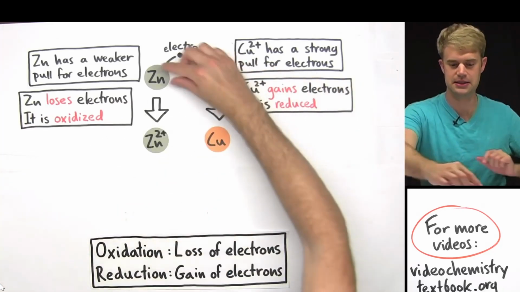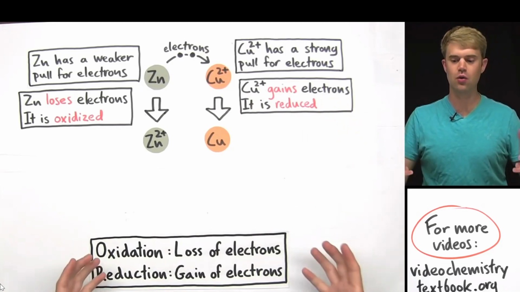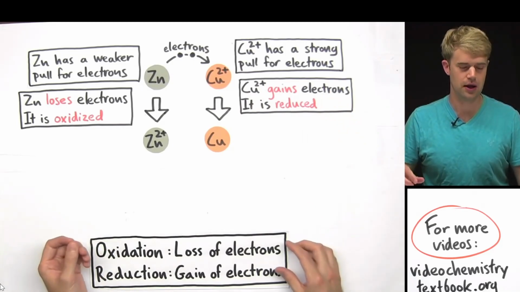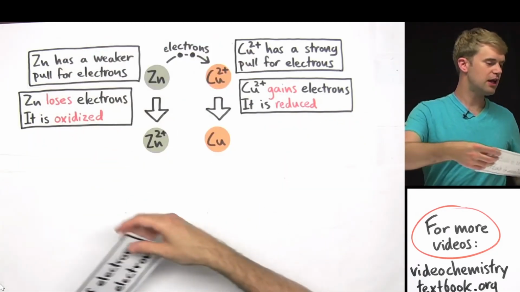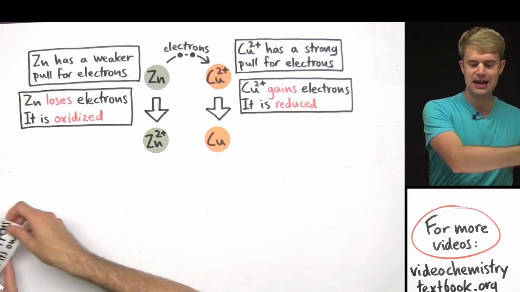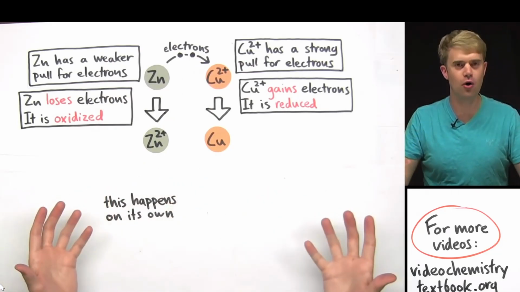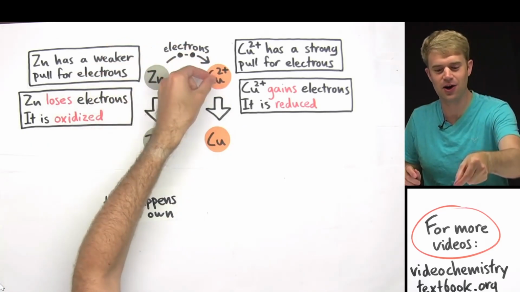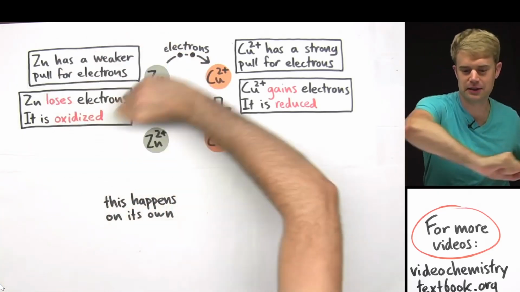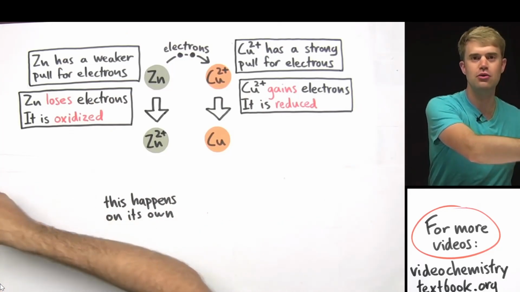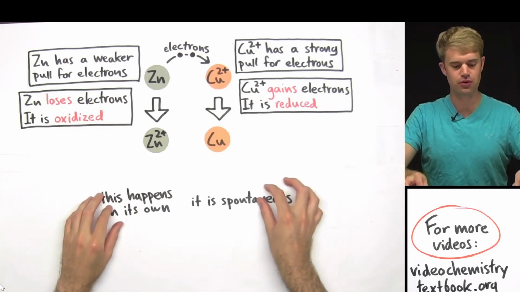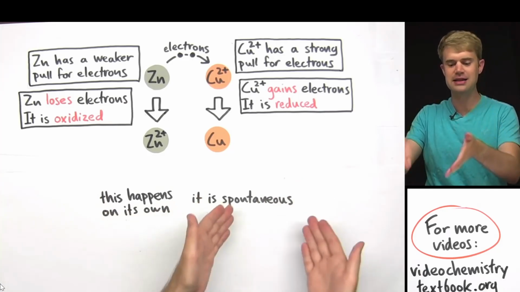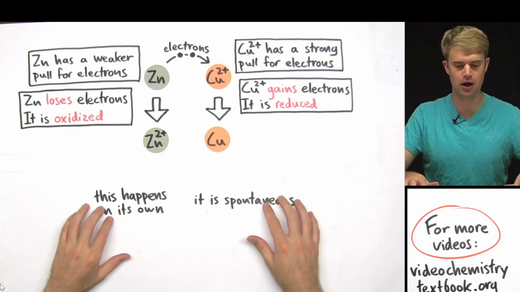Cu2+ is gaining electrons, so it's reduced. Now, the most important thing about this process is that it happens on its own. All you've got to do is put neutral zinc near copper 2+, and the electrons just naturally move. This is a process that we call spontaneous. It just happens on its own.